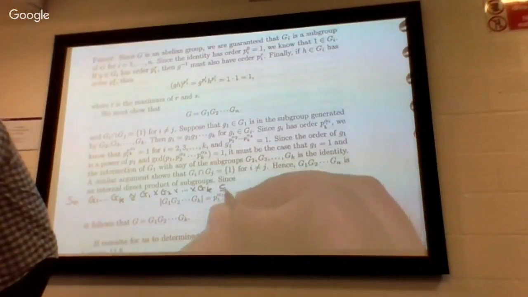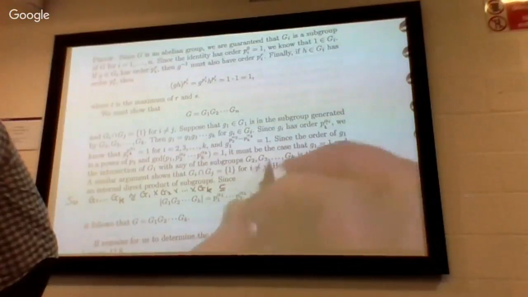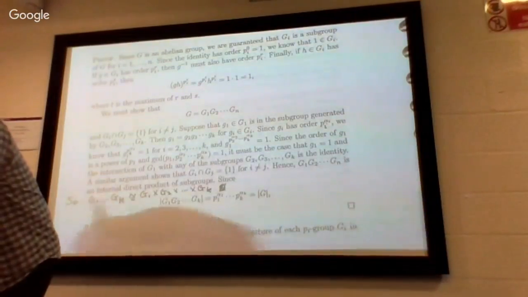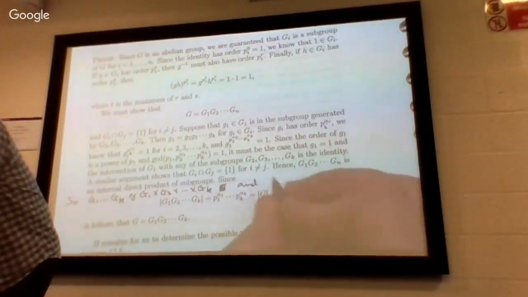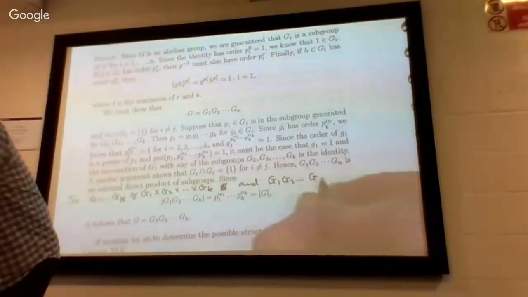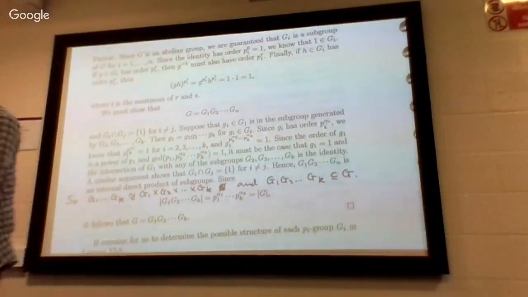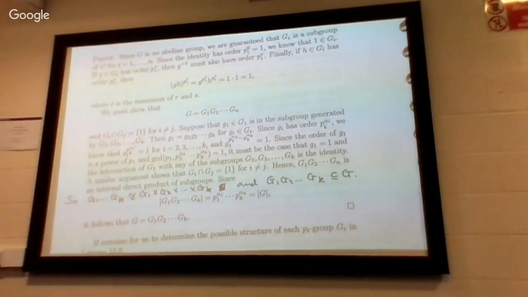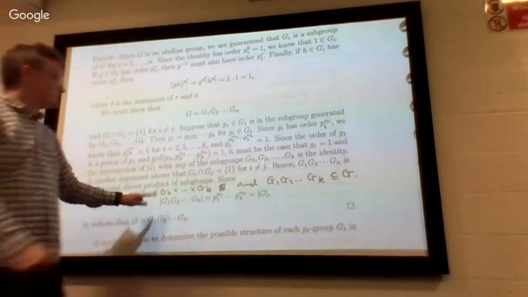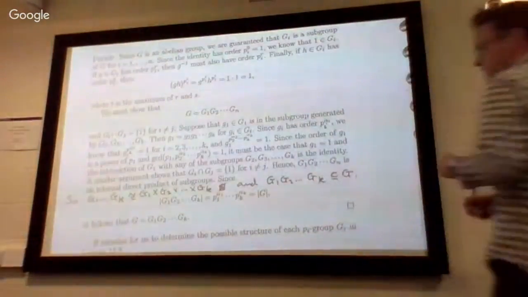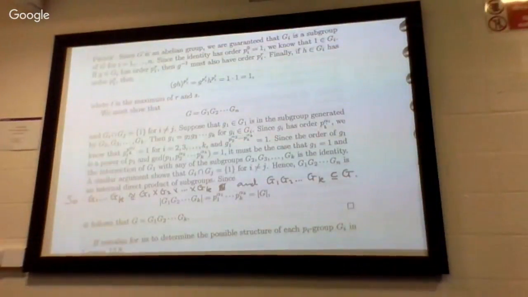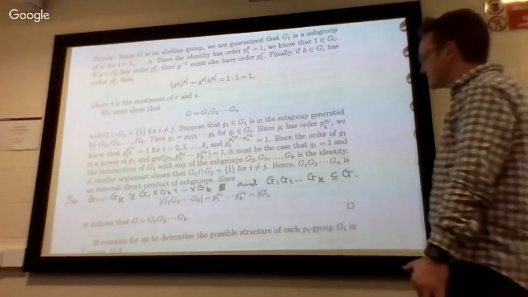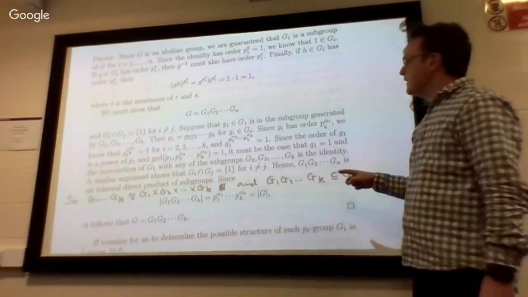The setwise product of them, all we know at this stage is that it's some subgroup of G. Now this is where he makes an unjustified leap at this point. This is the thing we'll settle at the next stage.